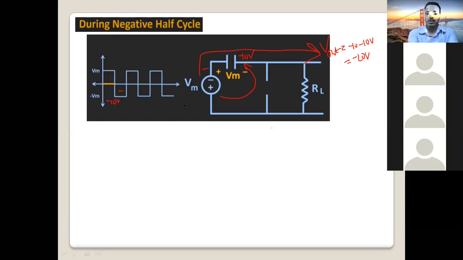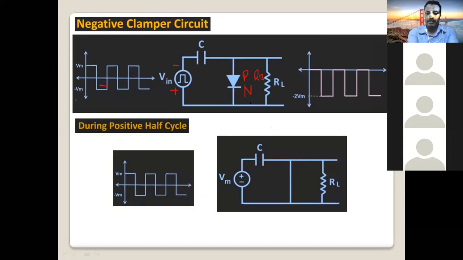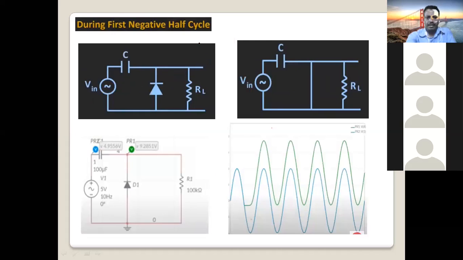As you can see here, when input is negative 10, after the negative clamp, it goes down to minus 20 volts. Minus 10 volt from the input, minus 10 volt from the charge stored in the capacitor. So this is how negative and positive clamper circuits are working.